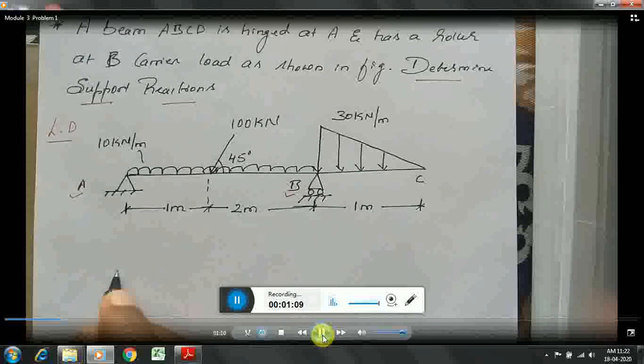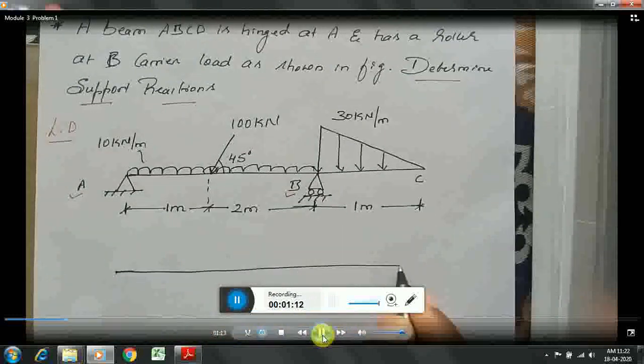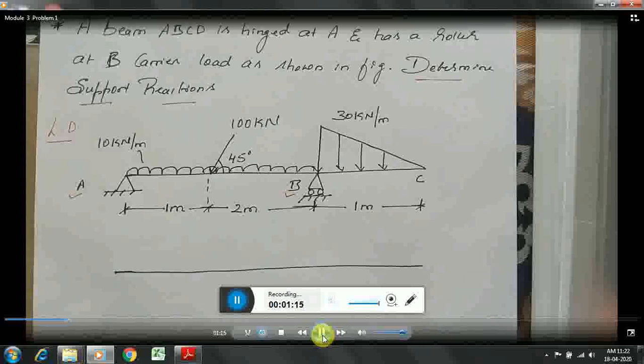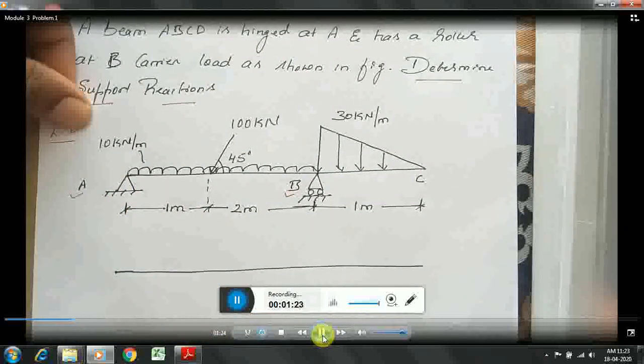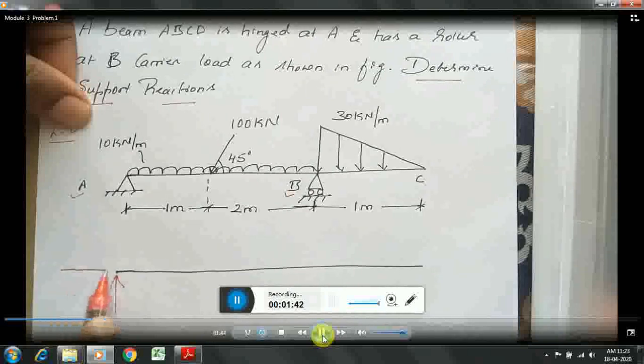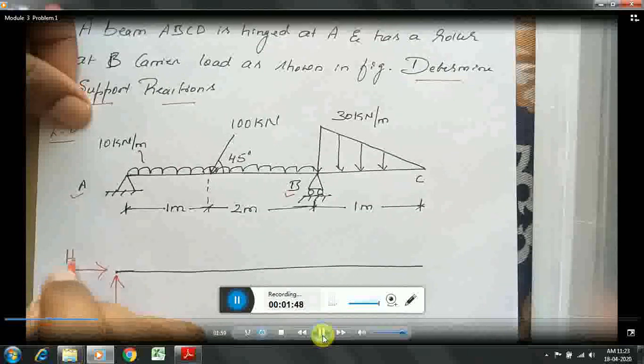First write the beam as it is. The length of the beam should remain as it is. Then identify the type of support at A. Since it is a hinge support, it produces two reactions at point A: one in the vertical direction, which I will call RA, and one in the horizontal direction, that is HA.